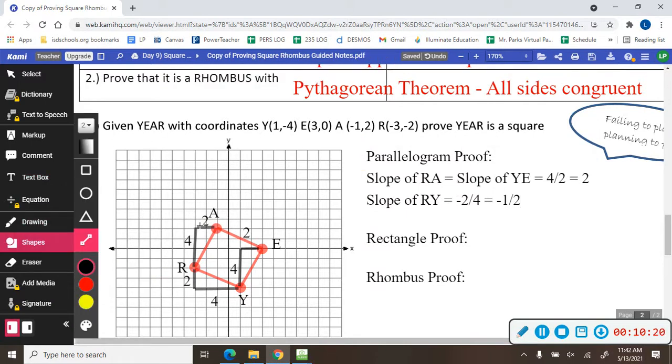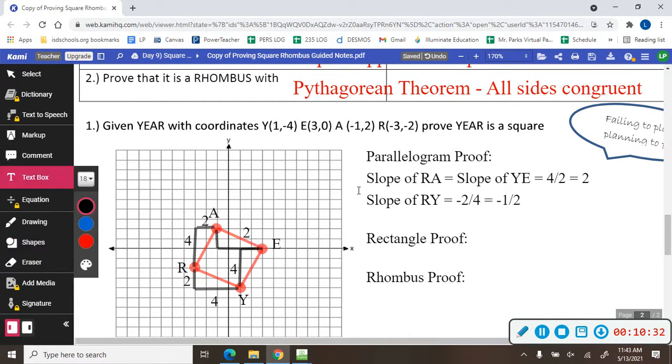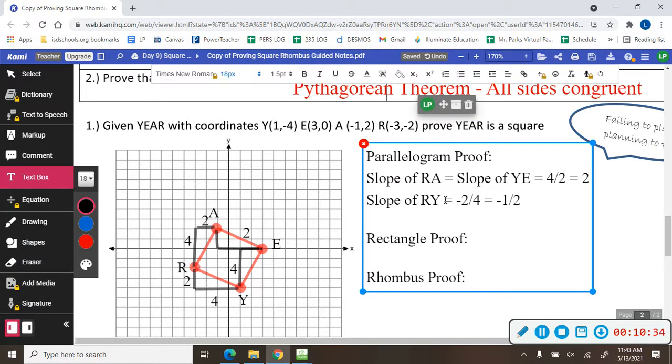And then also going from A to E, you also go down 2 and over 4. So the slope of AE is also negative 2/4. That's the first part of the proof. We just proved that they are parallelograms by the slope.